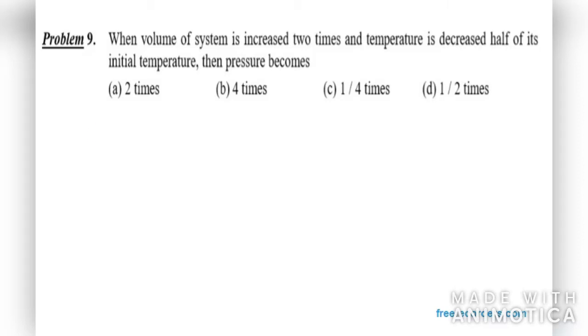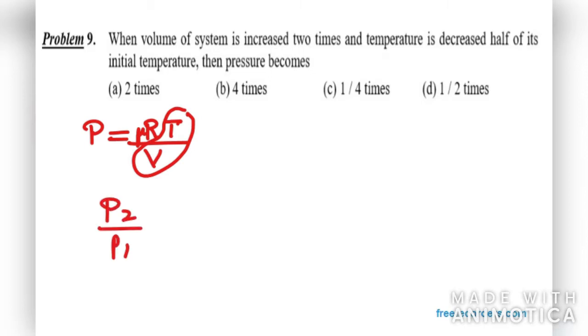So pressure is dependent on T and V, as mu and R are common. So P2 over P1 equals T2 over V2 times the reciprocal of T1 over V1.